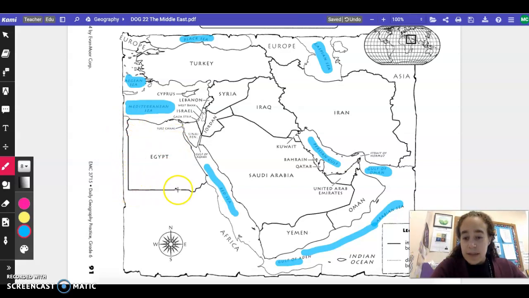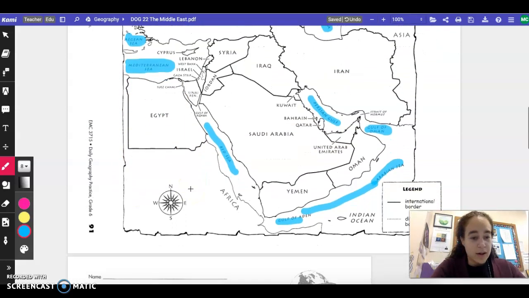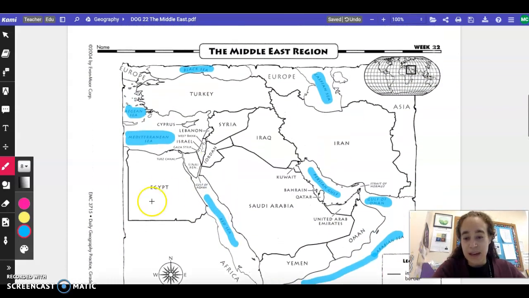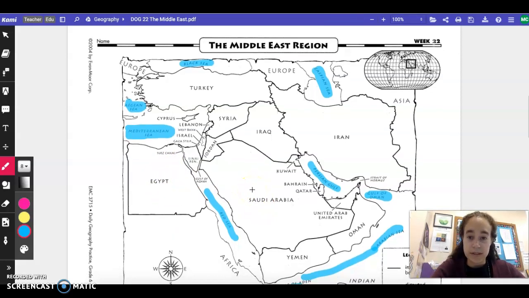The dark black outlines are, if I scroll down, the international border lines. So there are other countries past these international borders, like on the other side of Egypt. There's a country over here. It's just not considered part of the Middle East, which is why it's not labeled. So all of the countries here that are labeled are considered part of the Middle East.